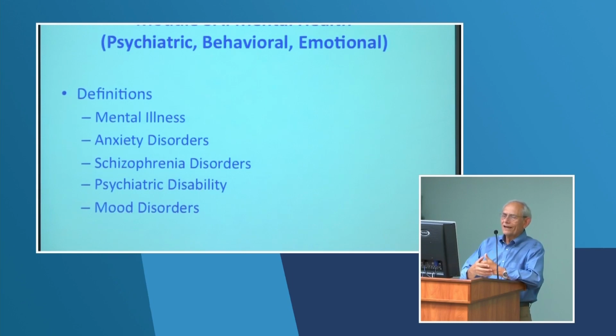Now, what kind of mental health issues are we talking about? We're talking about standard mental illness, including schizophrenia. A mental health issue becomes a disability when it materially affects that person's ability to function in activities of daily life, or to keep a job, or to take care of themselves.